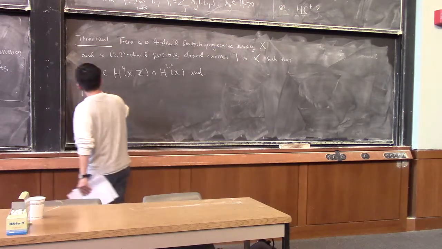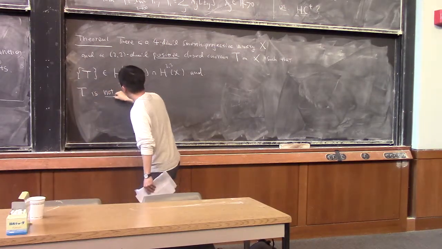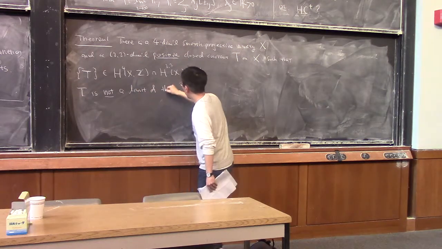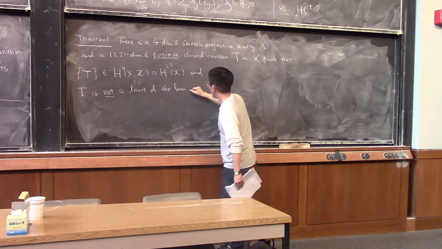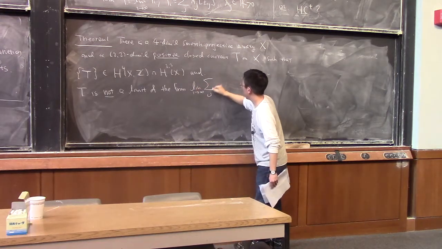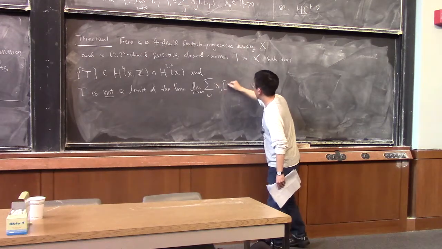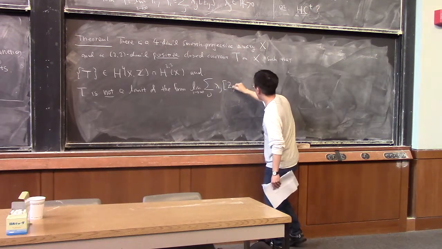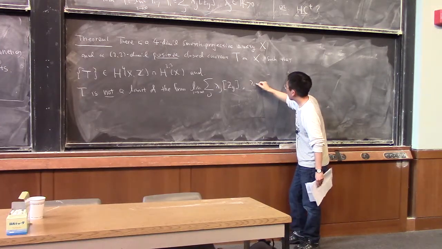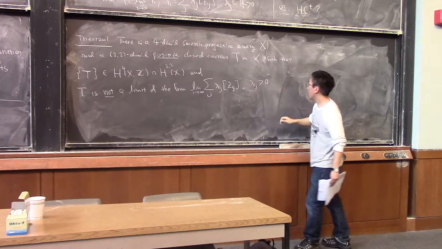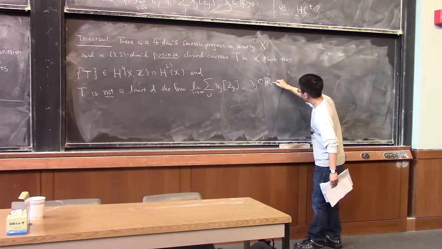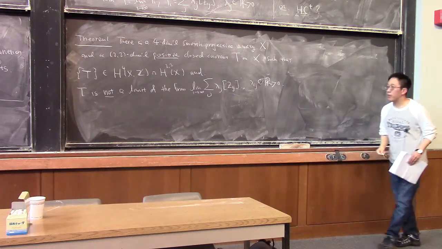But T is not the limit of the form this: linear combinations of surfaces Z_ij inside X, where lambda_ij are, let's say, positive real numbers.